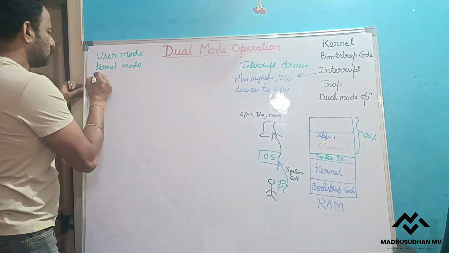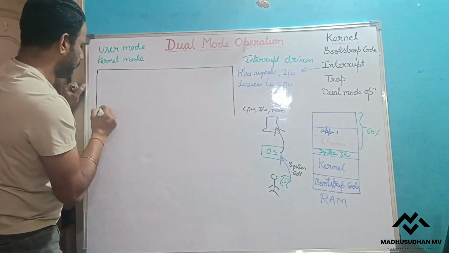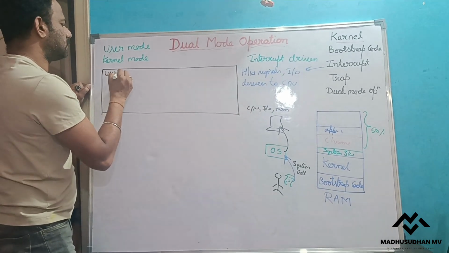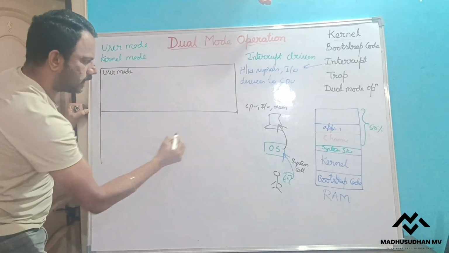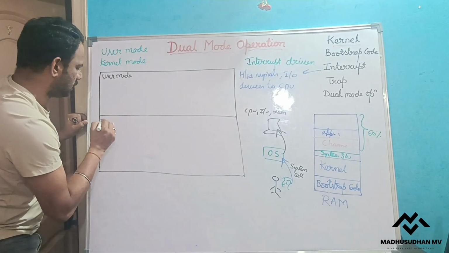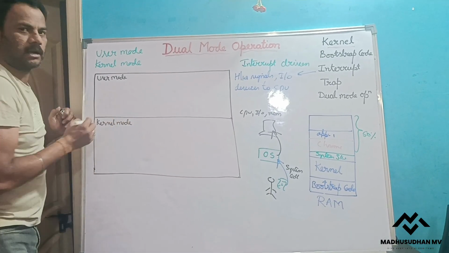Let us see. Initially, all our user tasks start with user mode. Always it starts with user mode. Then whenever it needs some service from the I/O devices, it has to switch to kernel mode.